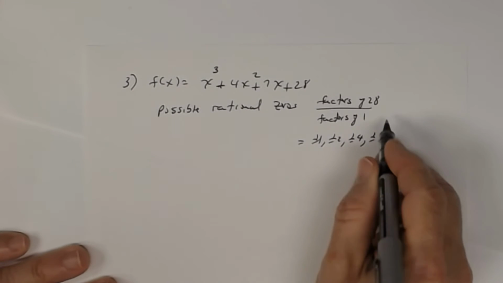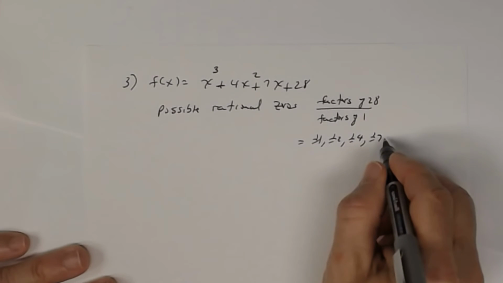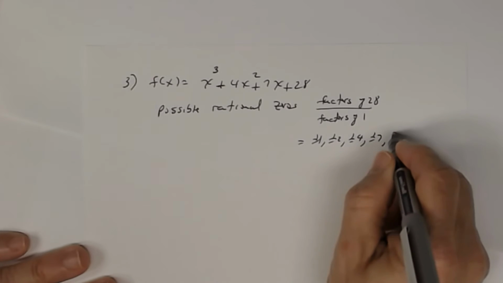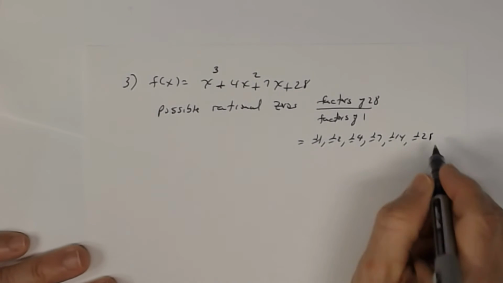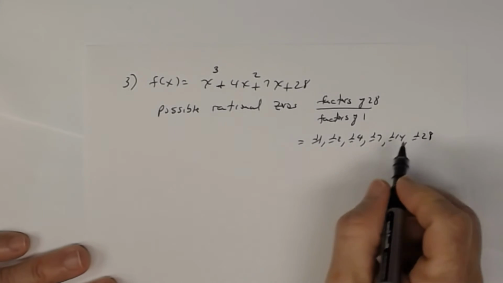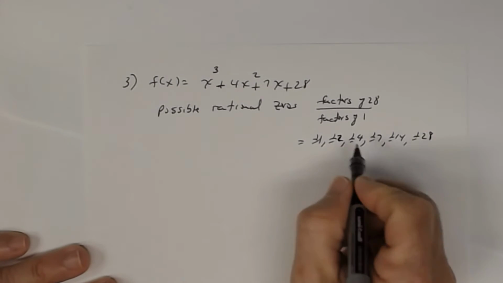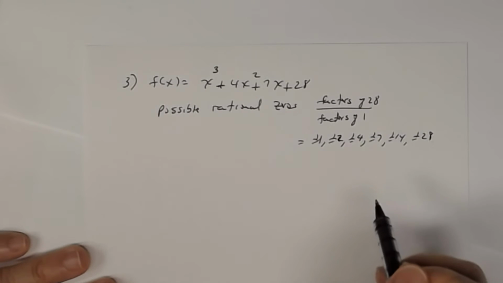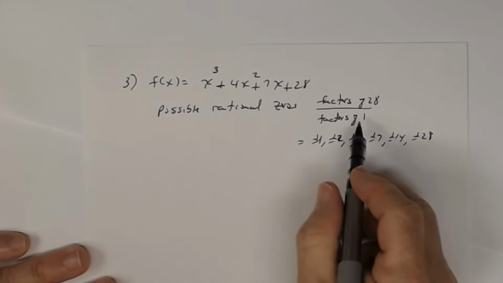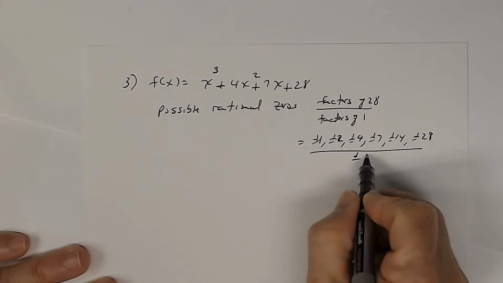Because 4 times 7 is 28. 2 times 14 is 28, so plus or minus 14, and then plus or minus 28, and that's it. So those are the only factors of 28. 1 times 28, 2 times 14, 4 times 7. And then the factors of 1 is just plus or minus 1.